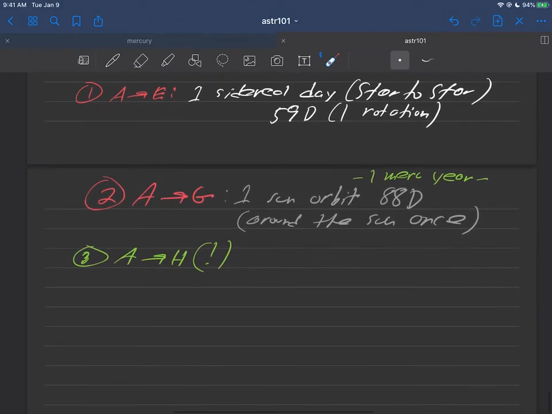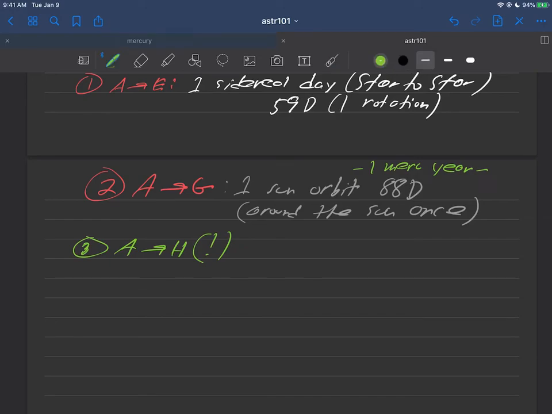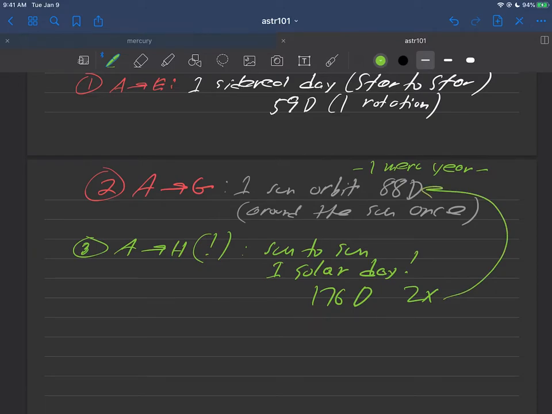And remember, what's sun to sun? Well, on Mercury, A to H is sun to sun. And that's one solar day. One solar day on Mercury, and in this case here, it takes 176 days for that to happen. So remember, it's 2 times this number right here.